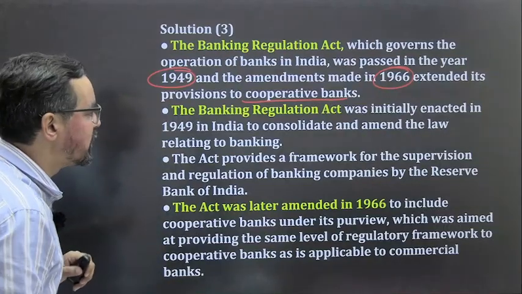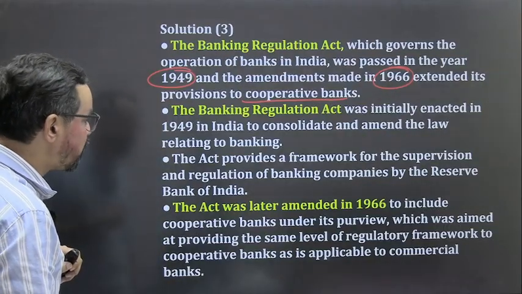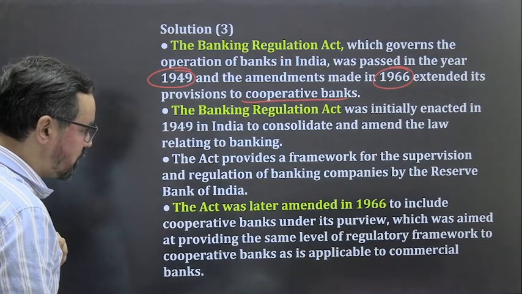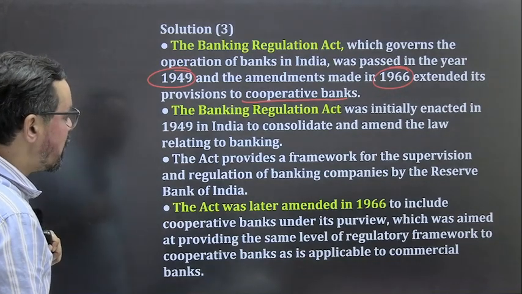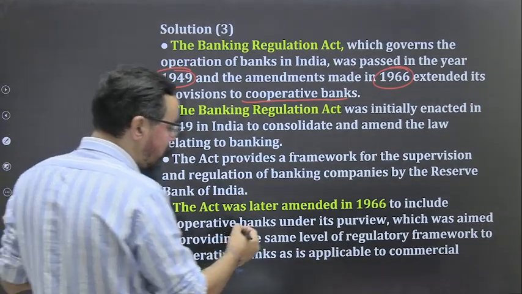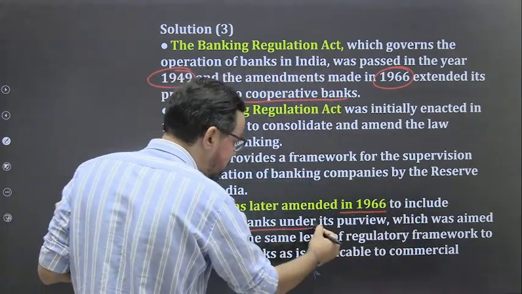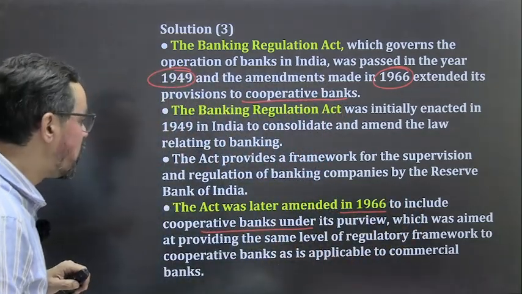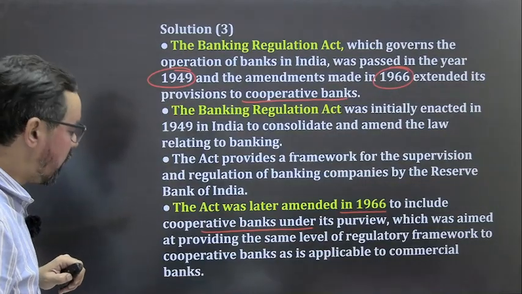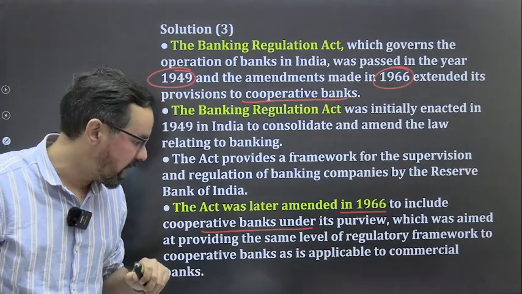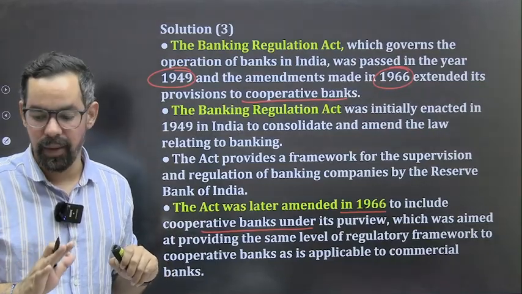BR Act was initially enacted in 1949. The Act provides a framework for supervision and regulation of banking companies by Reserve Bank of India. The Act was later amended in 1966 to include cooperative banks under its purview, which was aimed at providing the same level of regulatory framework to cooperative banks as applied to commercial banks as well, right?